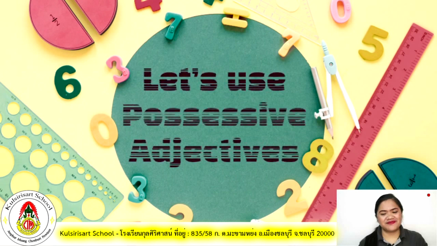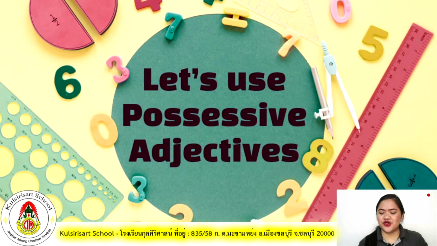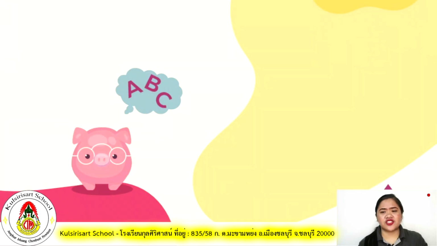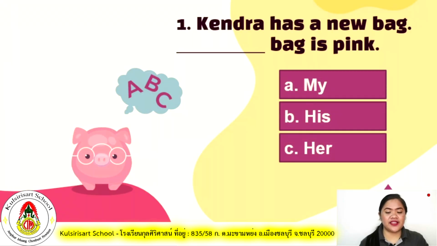So, let's try to use possessive adjectives in each sentence. Let's help this pig here. She is confused whether to choose A, B, or C. Let's read.